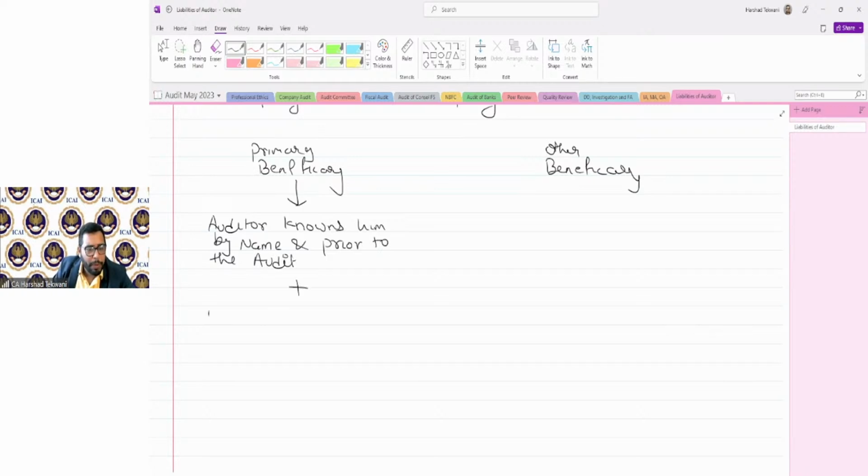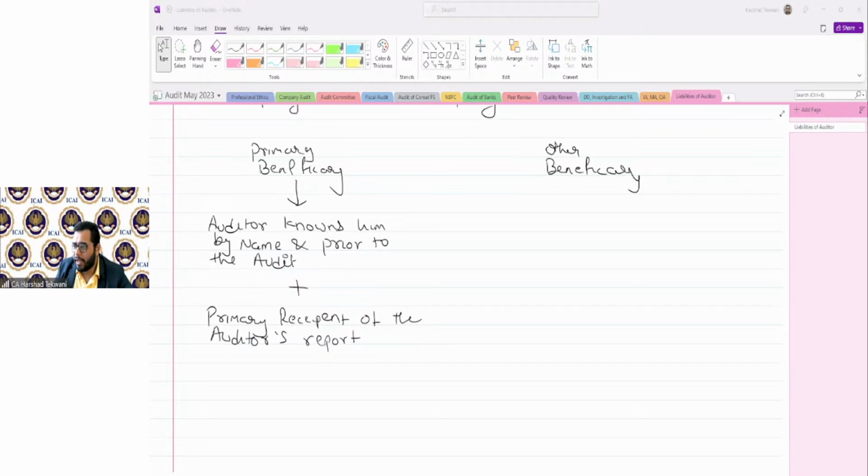Plus, he is to be the primary recipient of the auditor's report. Okay, he is to be the primary recipient of the auditor's report. So that is the person, you can say, the primary recipient or primary beneficiary.